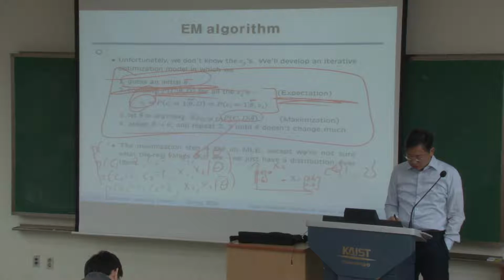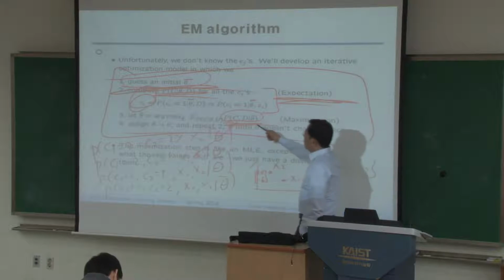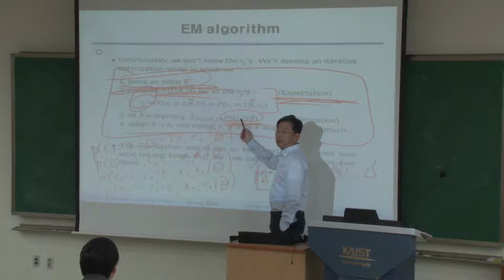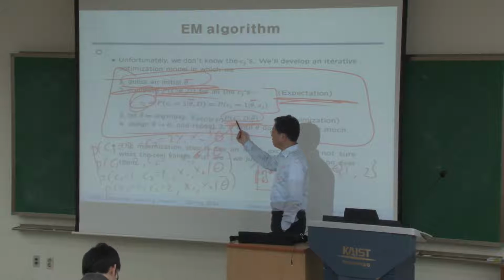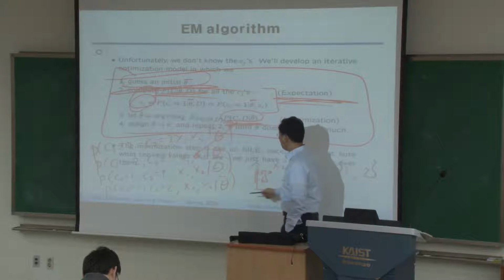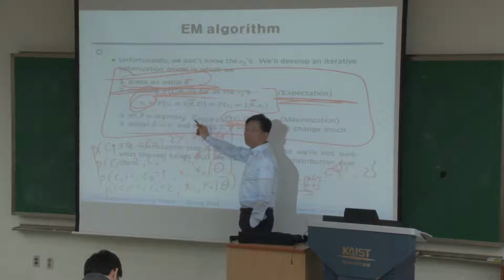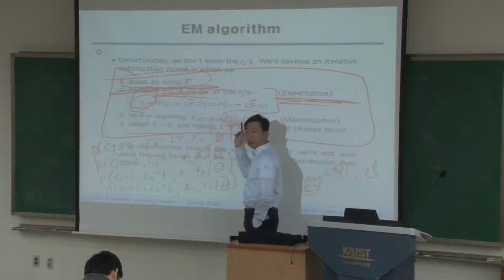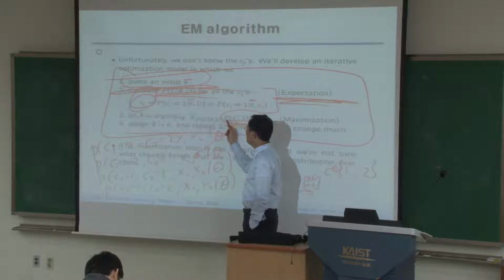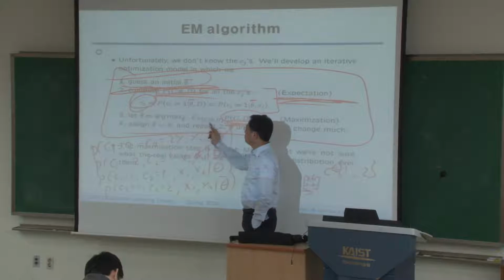The other one is C1 equal 2, C2 equal 2, x1, x2. So there are four possible things for this example that I gave. Then I'm taking the expectation of this joint probability over this probability.